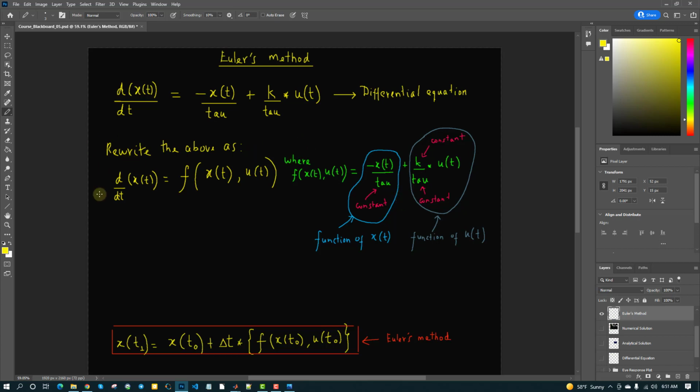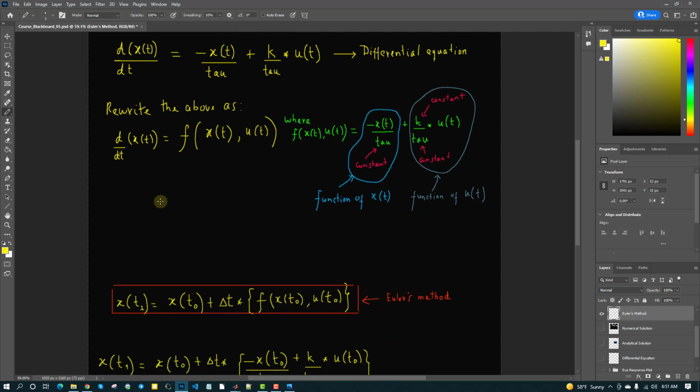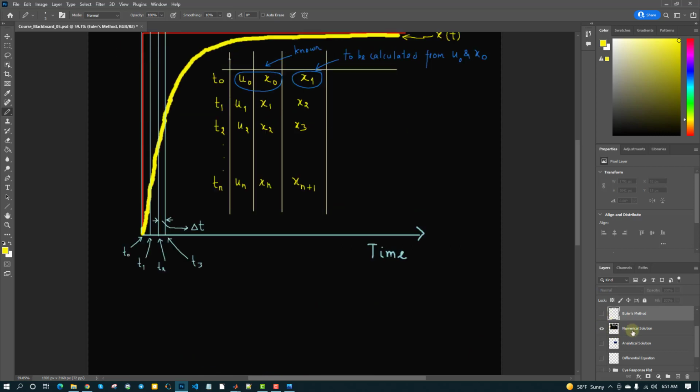Given we have written the differential equation in this format, Euler's method is given by x of t1, the system response at time instant 1, equals the system response at time t0 plus delta t. Remember, delta t is the difference between successive time instants.